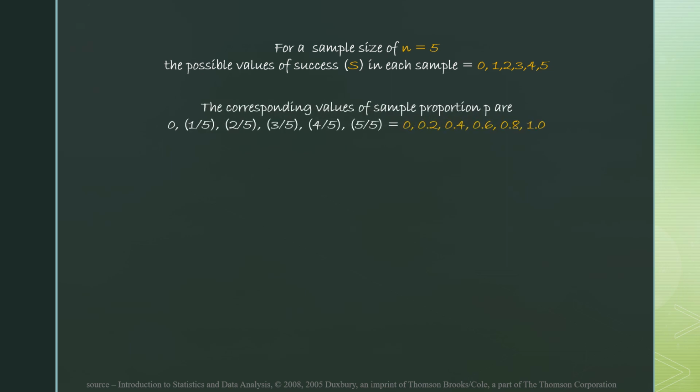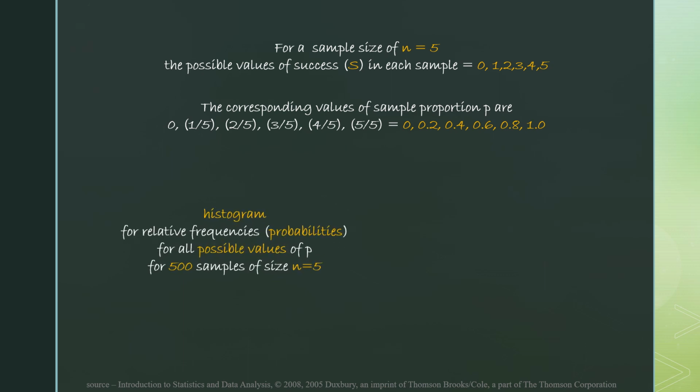The corresponding values of the sample proportion p are 0, 1 by 5, 2 by 5, 3 by 5, 4 by 5 and 5 by 5, which equals 0, 0.2, 0.4, 0.6, 0.8 and 1.0.